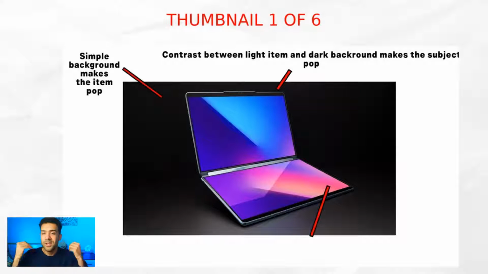If they'd used a light background with a light laptop in front of it, there wouldn't be as much contrast between the two things, and the laptop would kind of get lost in the light background. But by having a clear separation of contrast here, the YouTuber made that laptop pop out straight away at anyone scrolling through their YouTube homepage and drawing their attention to what's interesting immediately. So I thought that was a really cool thing that this YouTuber did.